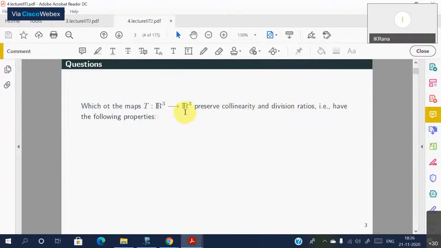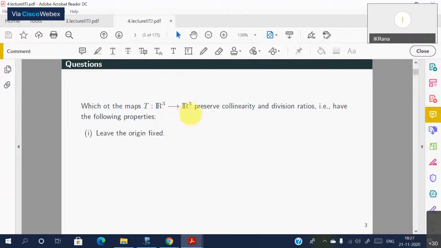So we want to look at those maps from R3 to R3 which preserve the geometry of R3. They don't change the geometry of R3, right? For example, if I take a constant map, everything shrinks to 1 point, then that does not preserve division ratios, okay? All the points are collapsed into 1 point. So we want to study these things, and one can very easily analyze them.